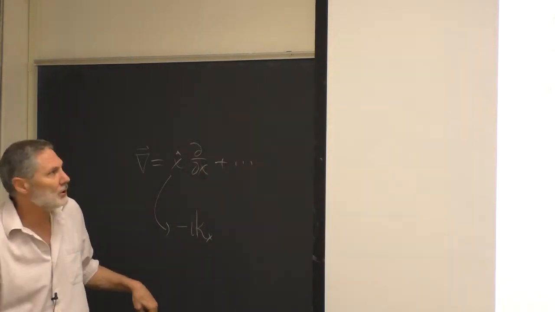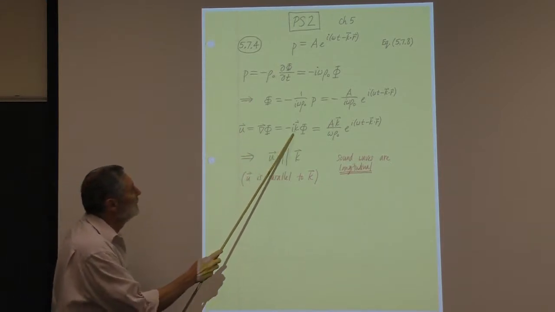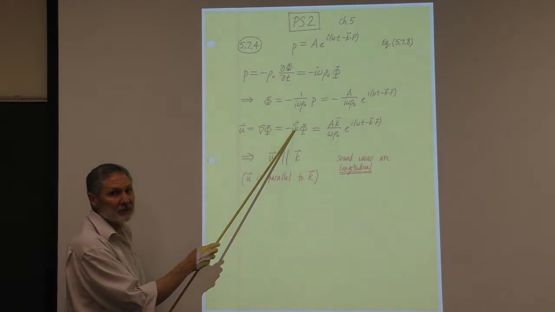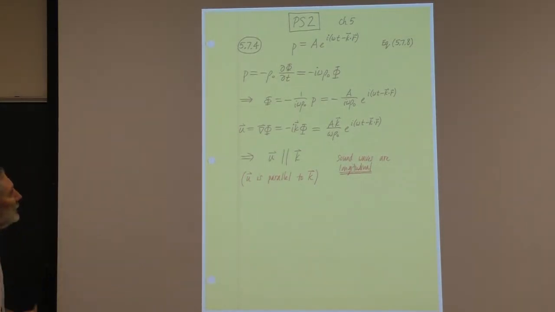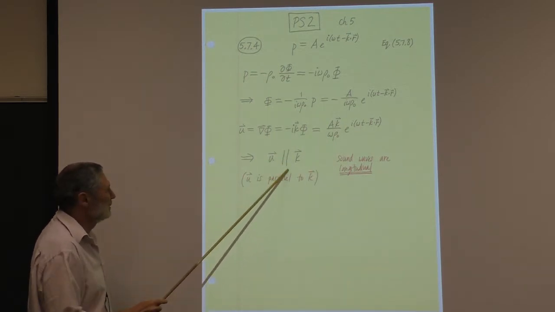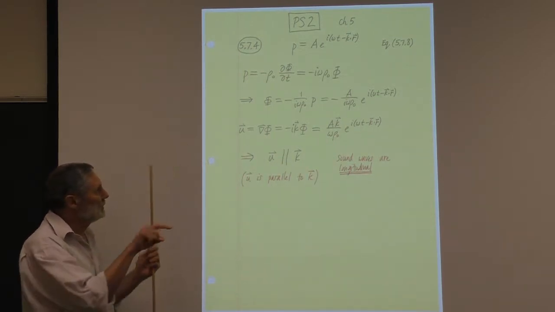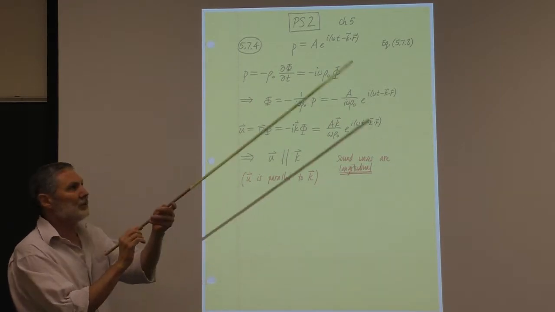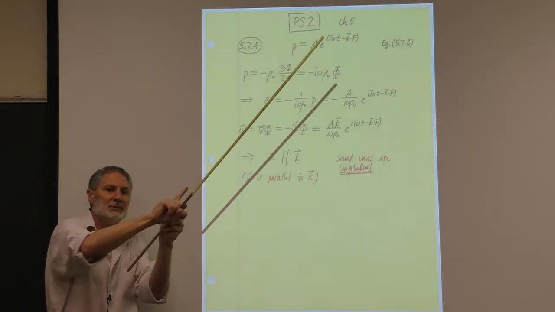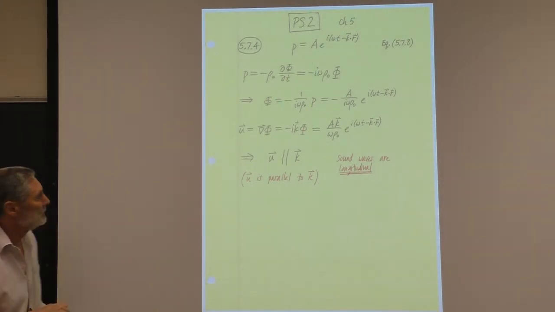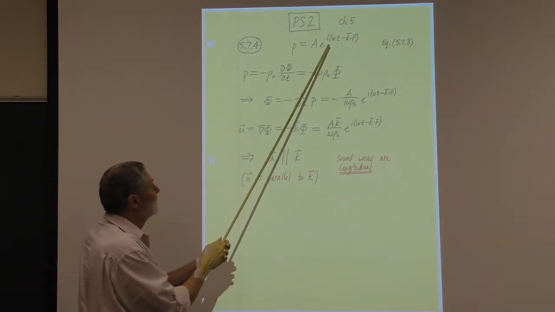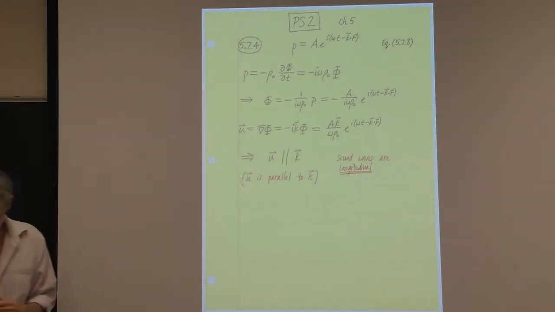So when you put it all together, this is what you're going to find. That effectively you're replacing the gradient operator with minus ik vector. So we get this. So what we see here is that this is symbol for parallel to. The particle velocity is whatever the direction of propagation is, the particles are going to be moving parallel and back and forth, oscillating in that direction. So that confirms that the sound propagation is longitudinal here.